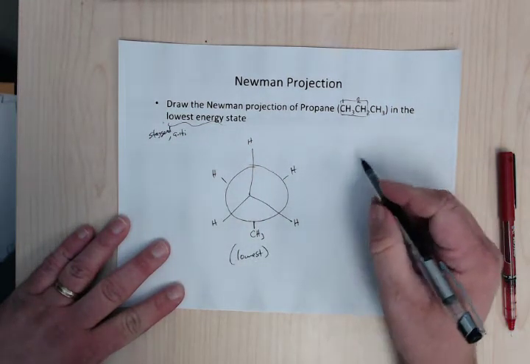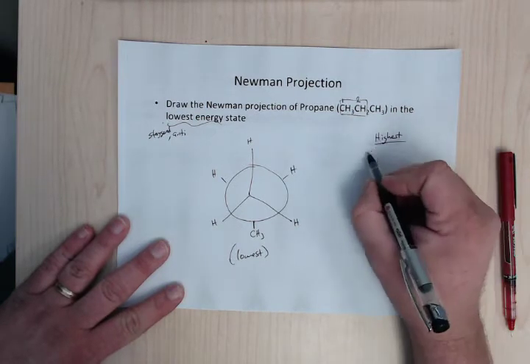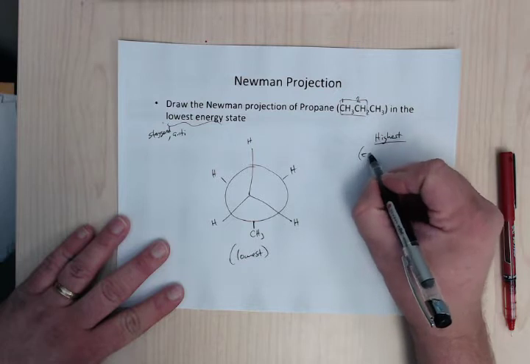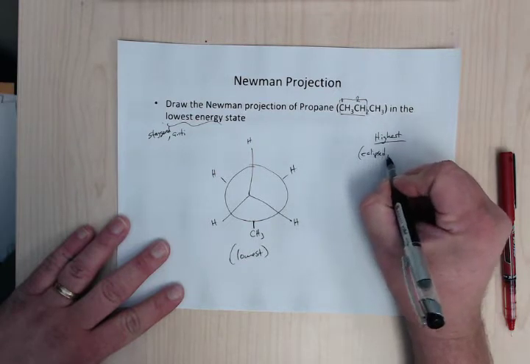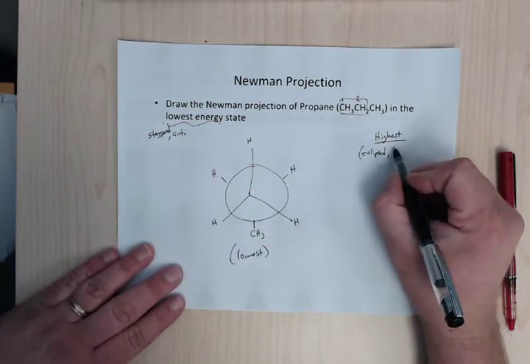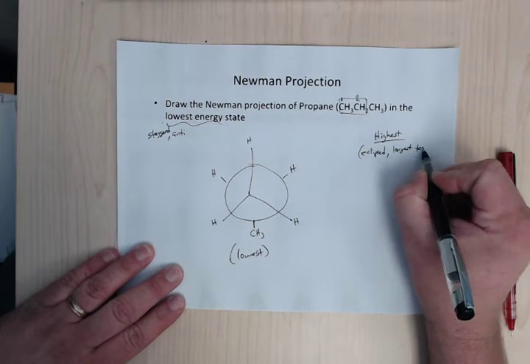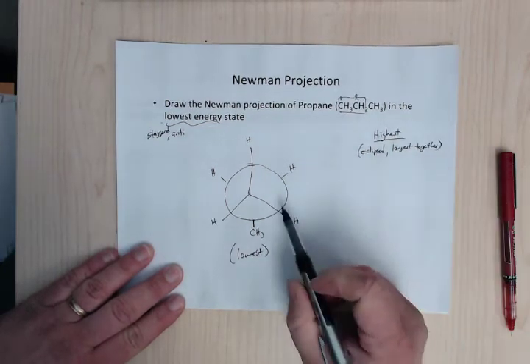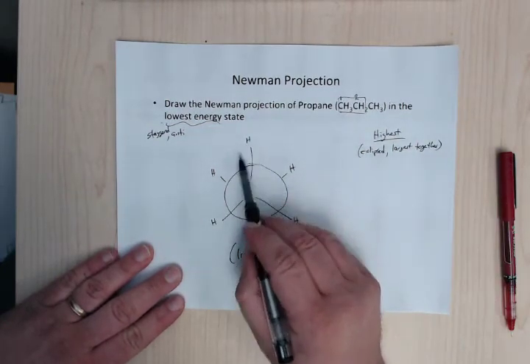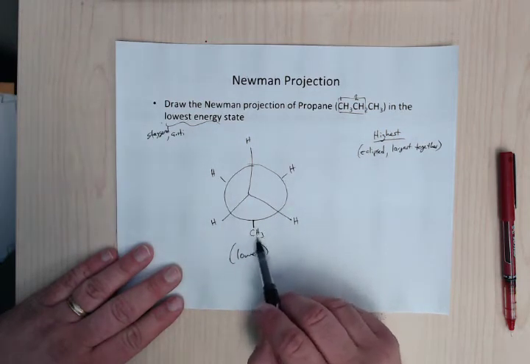If I asked you for the highest, you're going to do 2 things. One, it needs to be eclipsed, and you want the largest things together. So on the front carbon, it'd be a hydrogen, and the back carbon, it would be this methyl group.